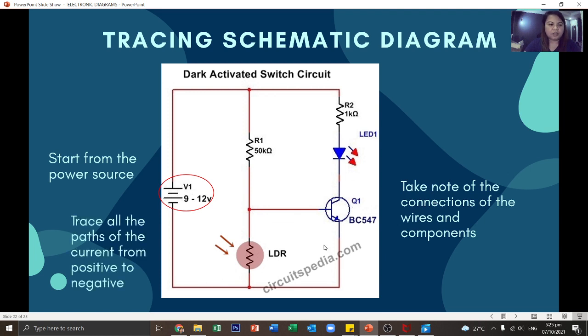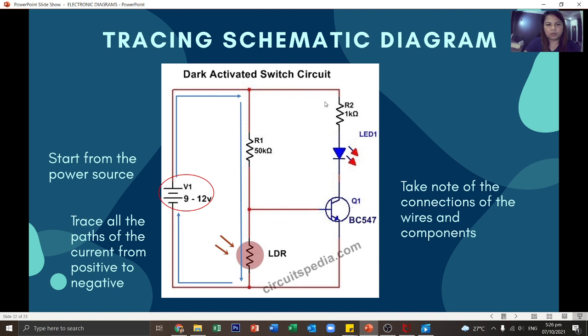Then trace all the paths of the current from positive to negative. So we must trace all the possible paths that the current will take in order to go to the negative terminal. So we start from the source, from positive, finding its way to negative. From here, where will it go? It has two paths to go, down and direct. If it goes down, then it will find its way to the negative.